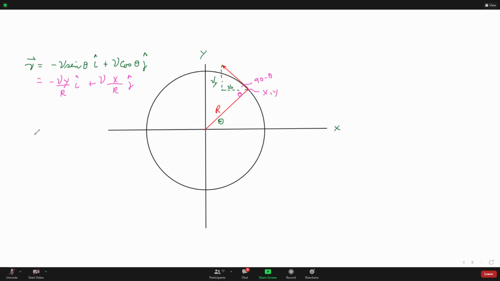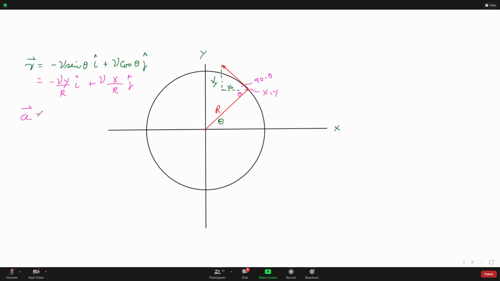Okay, now we want the acceleration. This v is the magnitude of the velocity, so it's a constant. R is a constant because the motion is circular. So let's write down the equation for a.